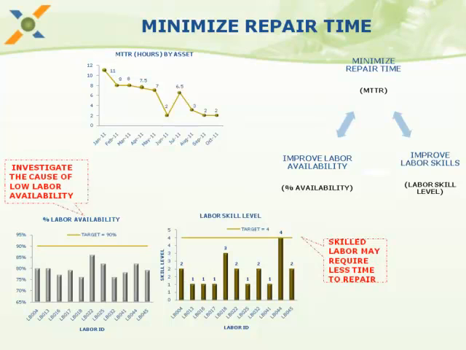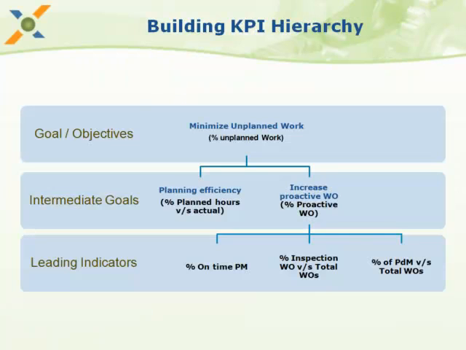Another example is, let's take minimize unplanned work. The intermediate goal could be to look at the planning efficiency and increasing proactive work orders. Some are leading indicators and some are lagging indicators.